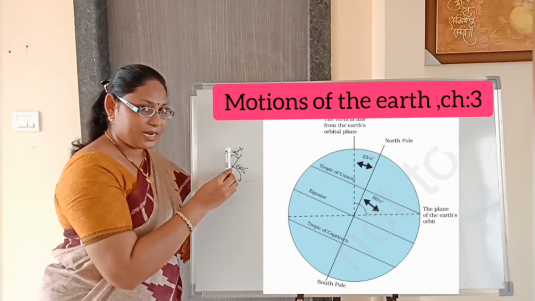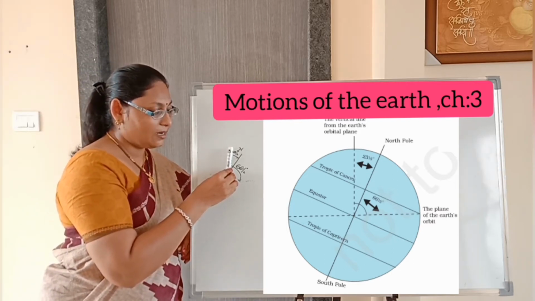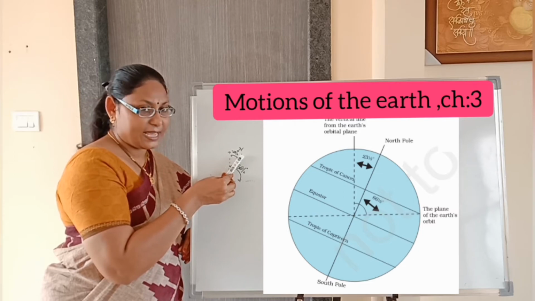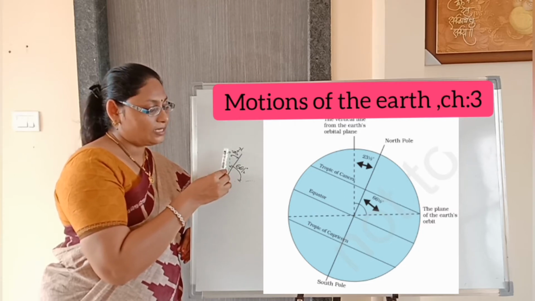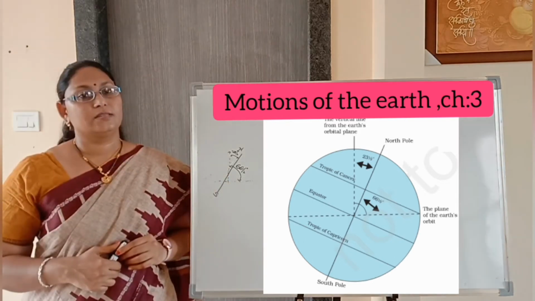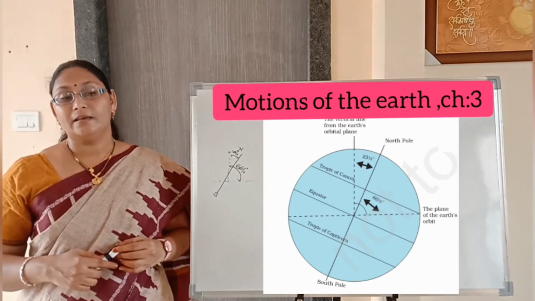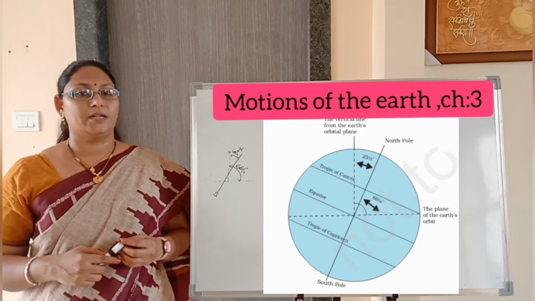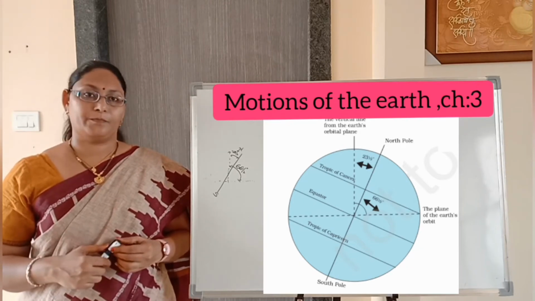But from the 90 degrees, the Earth's axis is inclined like this. So what is the difference of this inclination? 23.5. So this is the thing about axis and orbital plane.